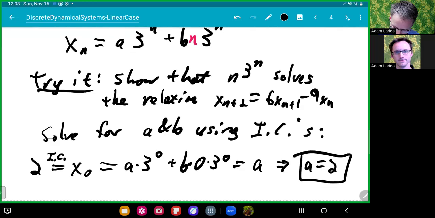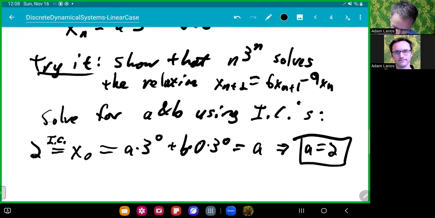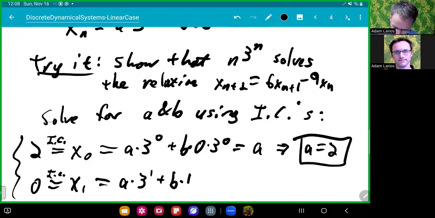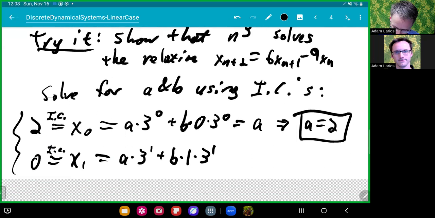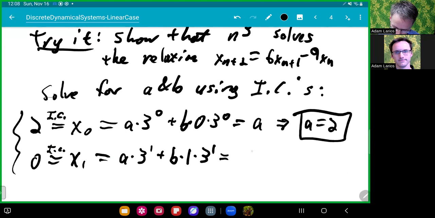That's kind of nice. The next one is the initial condition, which was just 1 there, but that's for x1. Plugging that in, we get a times 3 to the 1 plus b times 1 times 3 to the 1. And that just works out to 3a plus 3b. That being equal to 0 tells us that we must have b is equal to negative a, which is equal to negative 2.